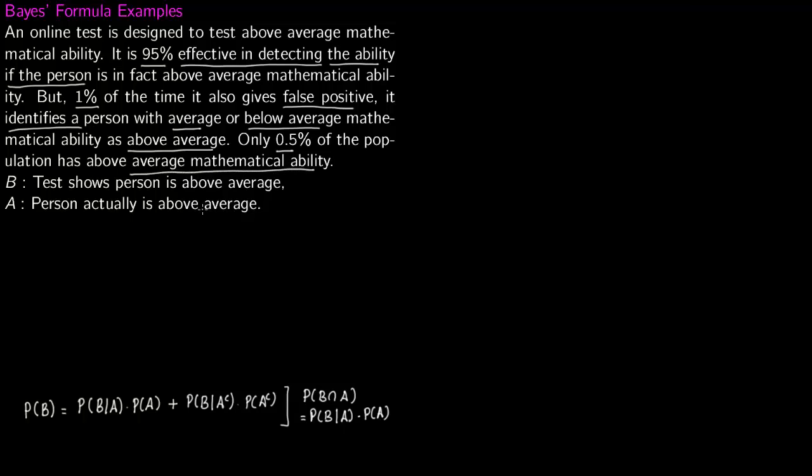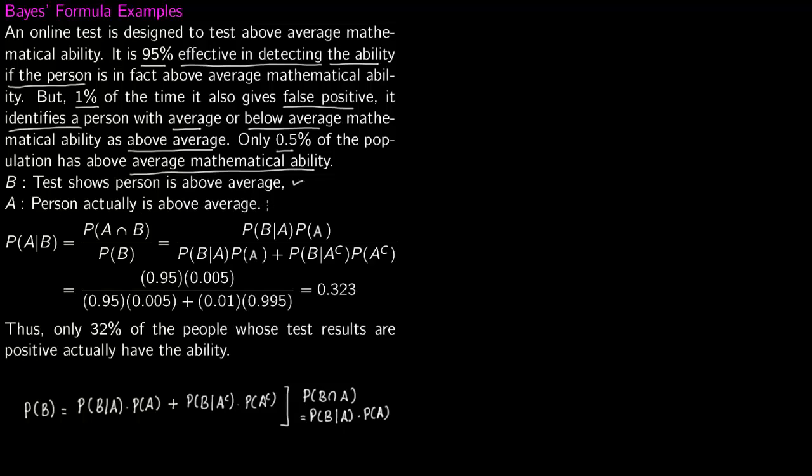So we want to find that, say, a person shows a good score on the test, that is, he does well on the test, and the test says this person has above average mathematical ability. Then what is the probability that person is actually above average? So you fix B as the test shows the person is above average, and A, the person actually is above average.